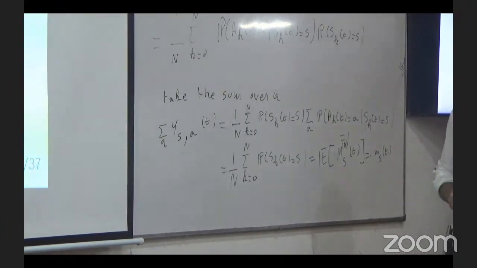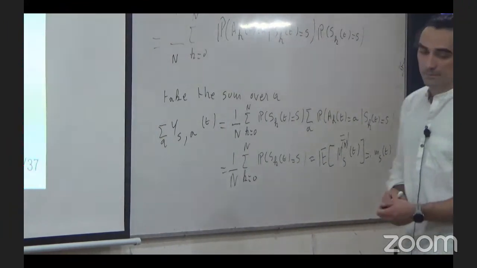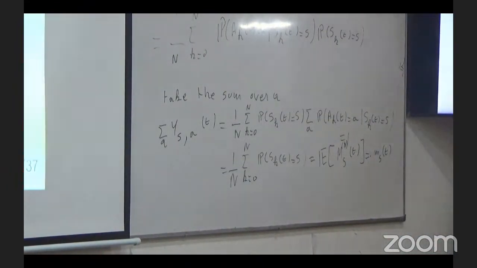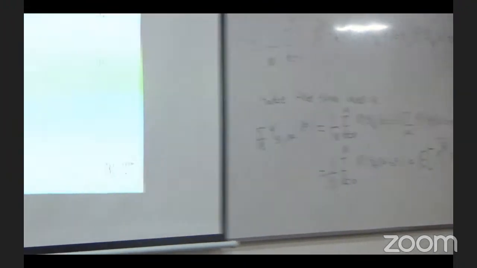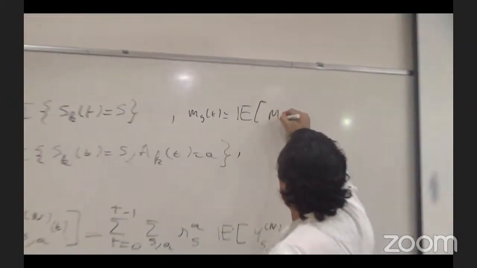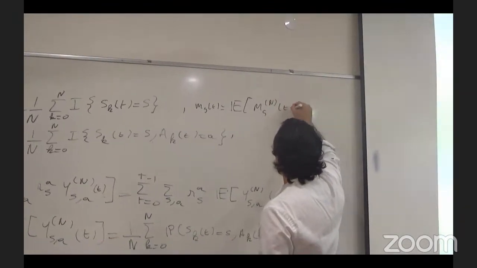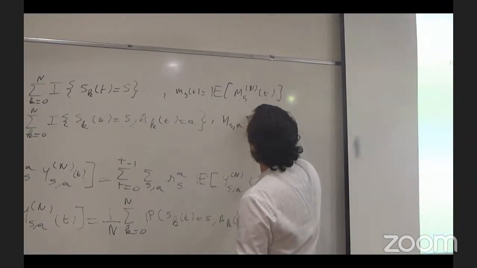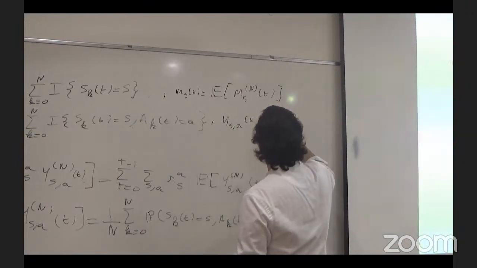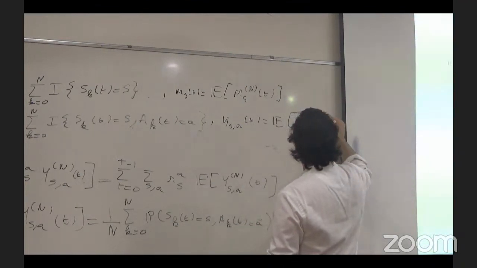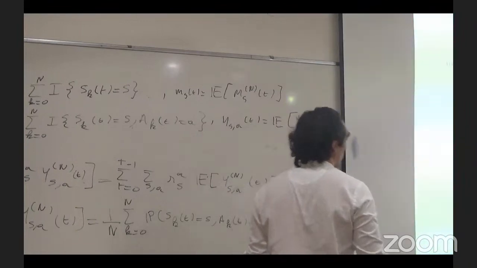So what we have proved is that if I define, so I will add 2 notations there, right? ms of t is equal to the expectation of msn of t, and ysa of t is equal to the expectation of ysan of t.